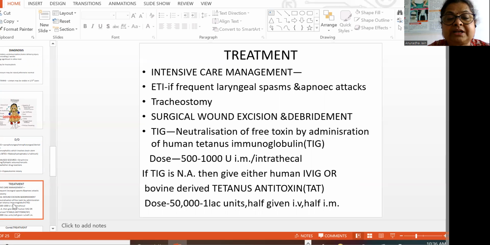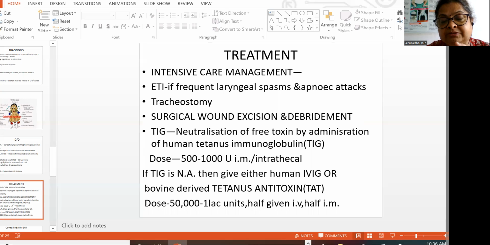The second is endotracheal intubation if frequent laryngeal spasm and apneic attacks are there. If endotracheal intubation is not possible, you have to perform tracheostomy immediately. Then surgical wound excision and debridement. Then tetanus immunoglobulin: neutralization of free toxin by administration of human tetanus immunoglobulin, TIG.